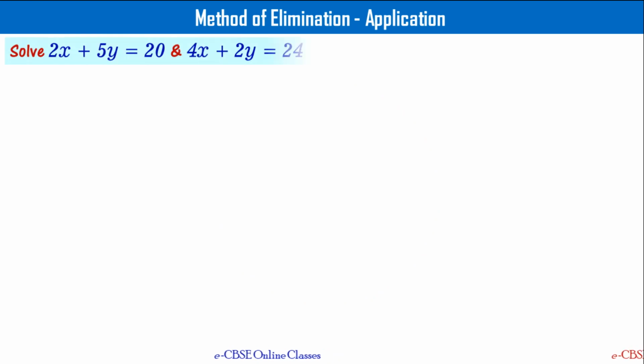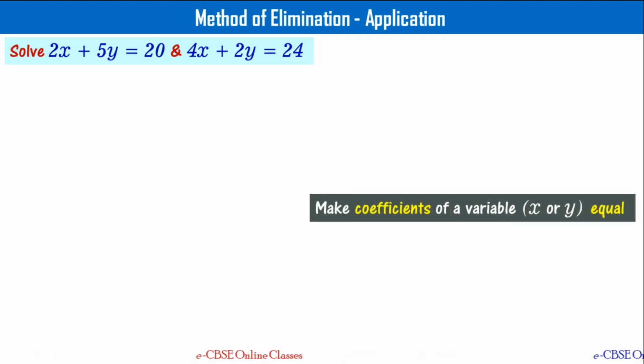Now I'm going to solve the same problem, that is 2x plus 5y equal to 20 and 4x plus 2y equal to 24 using the elimination method only, but in a slightly different way. As we know, the first step is we have to make coefficients of a variable x or y equal, right?